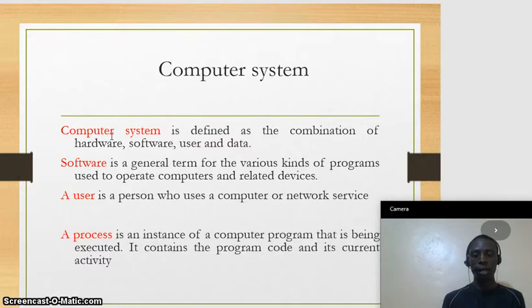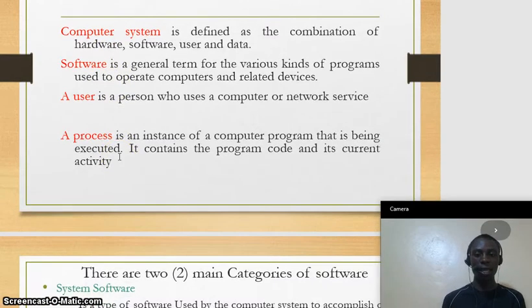A process is an instance of a computer program that is being executed. A process is that kind of action that happens when the computer program is processing to give out information or results.